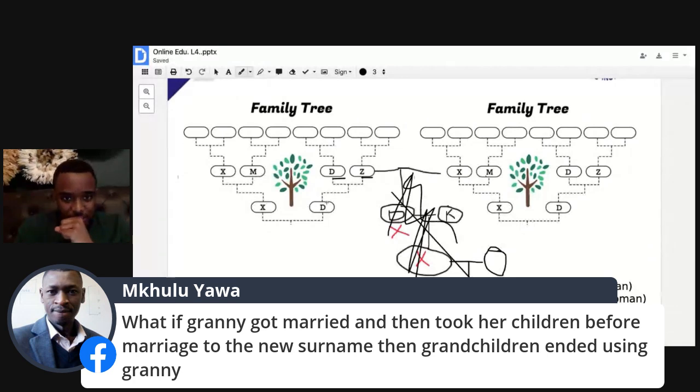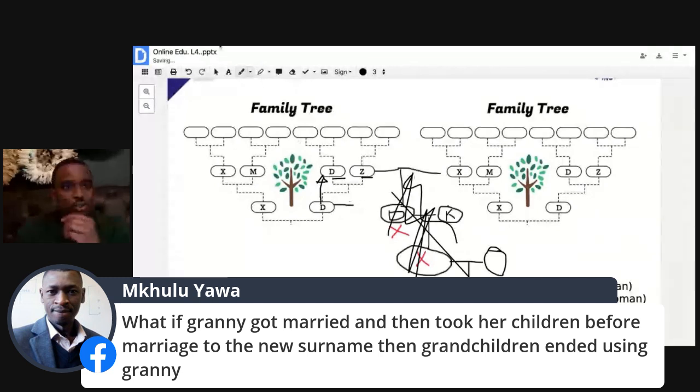This child over here would be your mother or your father. This child needs to go back and use the grandfather's surname, because he or she was conceived in perfect wedlock.